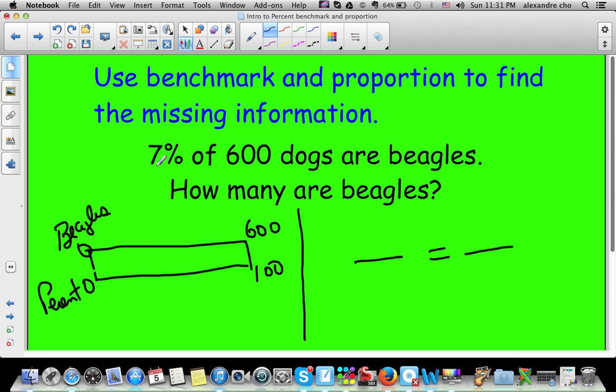All right, so let's do the one with the double line. So I know this is 50%. If that's 50% it means 50% of 600, or half of the 600, means 300 dogs. Okay, now 600 is a nice number.